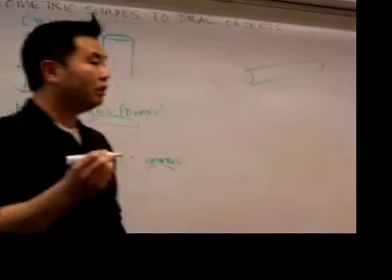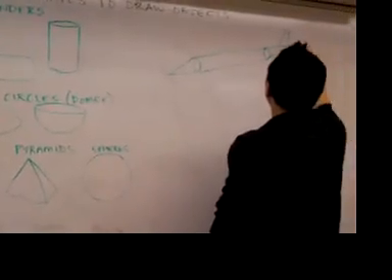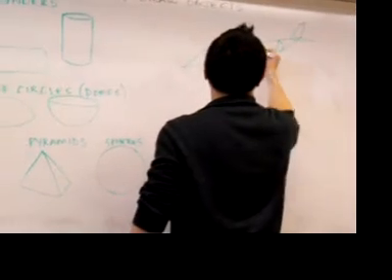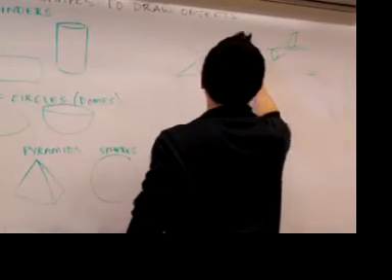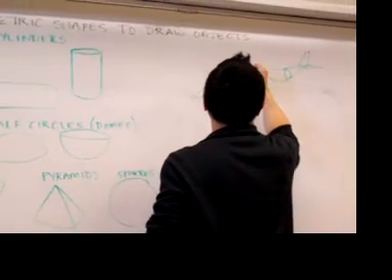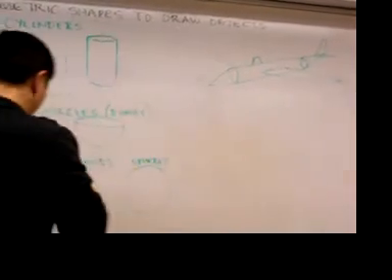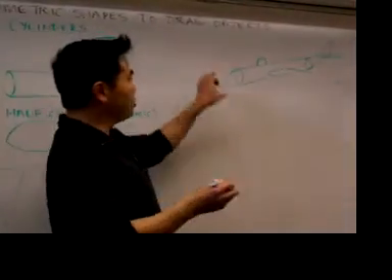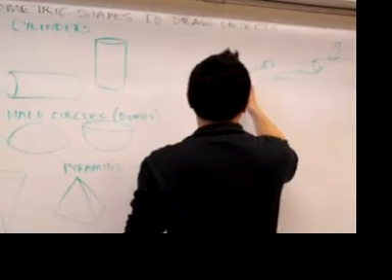Okay, that's one cylinder. And then I can add a cone. I can add another cone. Okay? Now these things I'm just adding on afterwards, but so I use those shapes to design the shape of this airplane.